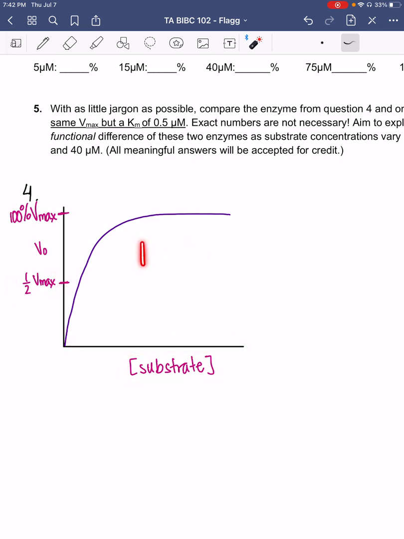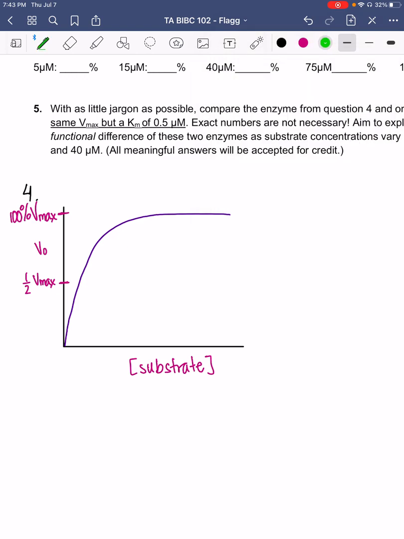Once again, Km is a concentration of substrate. So Km is a point on the x-axis that will show us where on this graph 1/2 Vmax is attained.